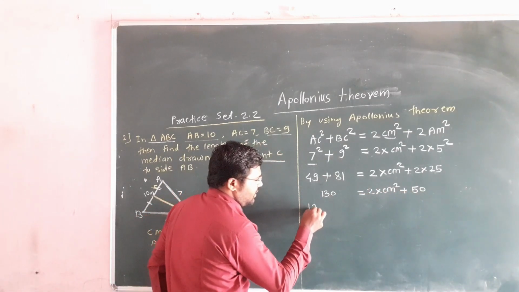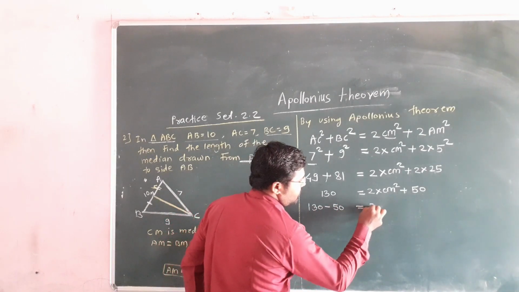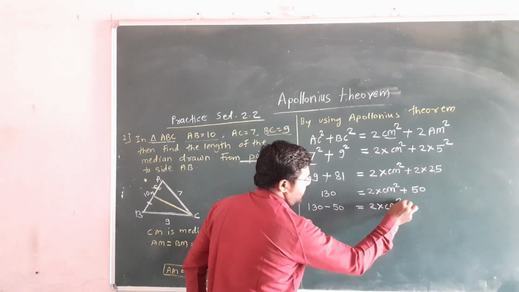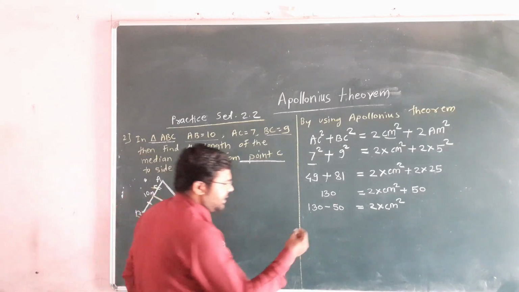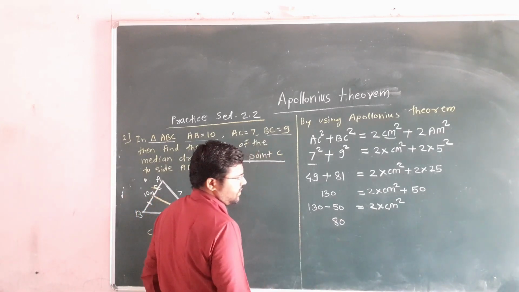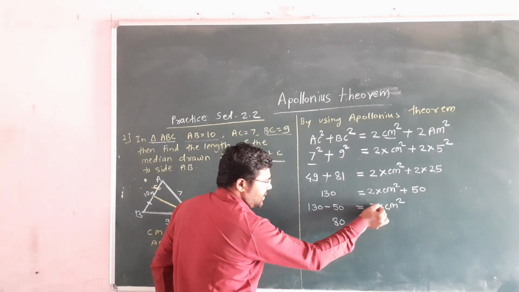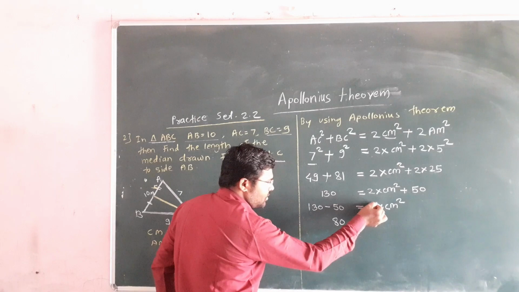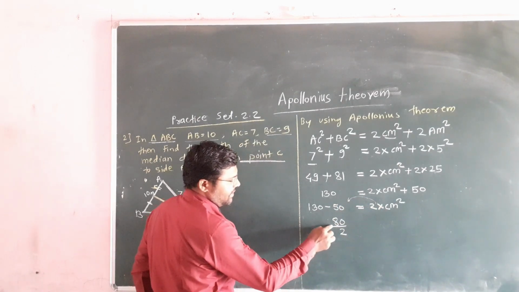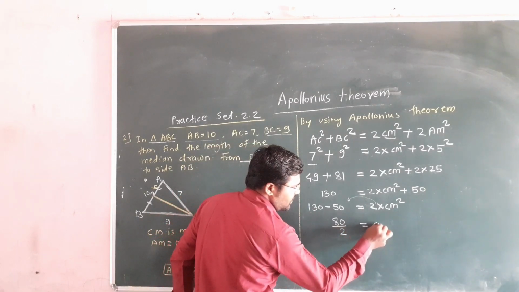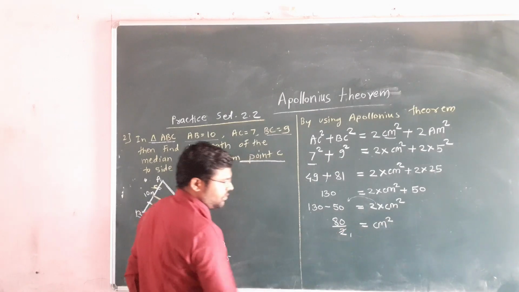So write here 130 minus 50 is equal to 2 into CM square. 130 minus 50 is 80. Here it is 2 into CM square. So the 2 on the right side is multiplication, so it comes to the left hand side, that means divided. So 80 divided by 2 is equal to CM square. Okay, now 2 ones are 2.